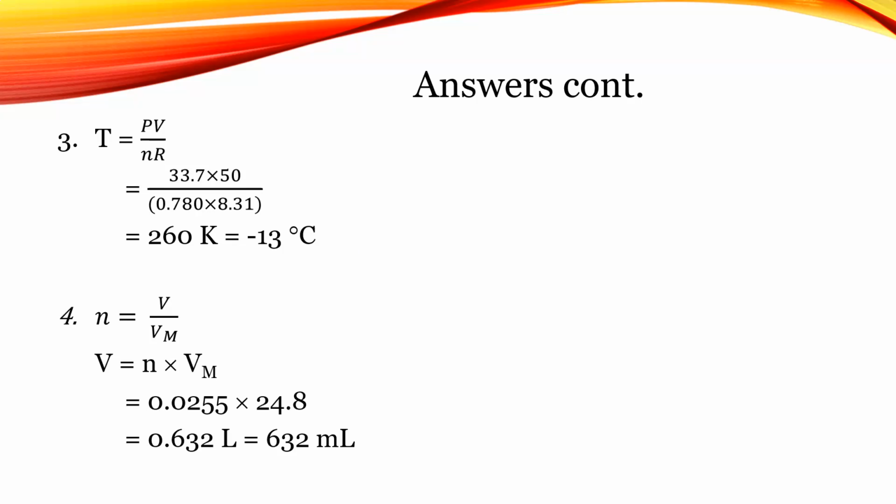Now remember that your temperature, when you've rearranged the equation and it becomes PV on nR or Rn, whichever you prefer, sub in the numbers, that temperature is coming out as Kelvin. And a lot of the time they want you to give the answer in degrees Celsius. So there's no harm at all in giving your answer first in Kelvin and then converting it to degrees Celsius.